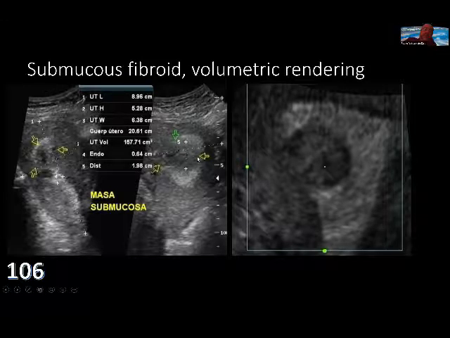On the conventional ultrasound imaging, on the 3D render reconstruction. Not that enlarged uterus, endometrium more or less normal, and then the ball. Anterior and on the left side of a mildly bicornuate uterus.